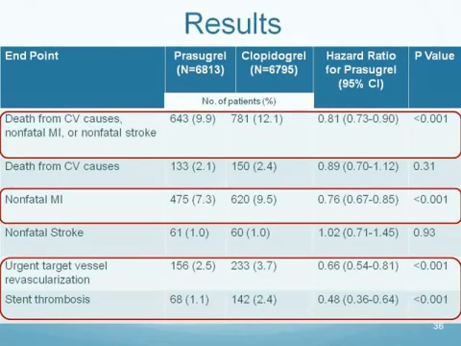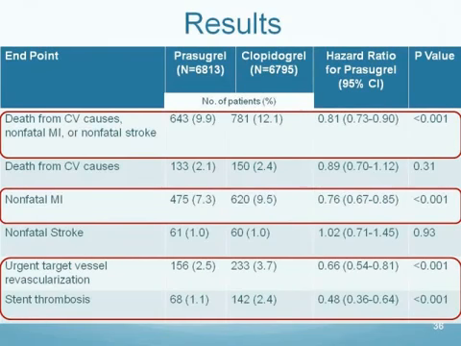If we look at the primary endpoint, this study used a composite of death from cardiovascular causes, non-fatal MI, and non-fatal stroke. And you can see in the first row of this chart that there was almost a 20% reduction in that composite endpoint for the patients that were randomized to prasugrel. There was no difference in death from cardiovascular causes.